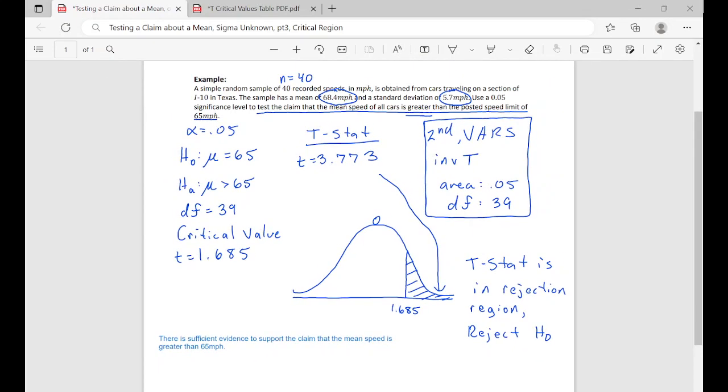And remember, the claim is that the mean speed is greater than that. Since we rejected the null, we say that there is sufficient evidence to support the claim that it is greater than. So this is the rejection region method, the critical region method, for finding whether you reject or fail to reject.